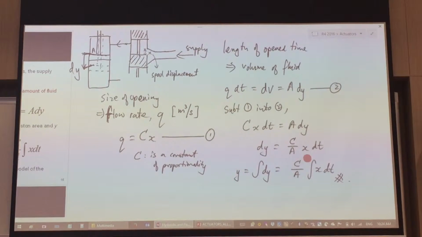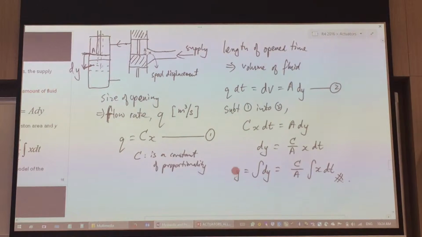What do you think this servo motor is? Is it a P, I, or D? That relationship. You have done PID. Yeah.